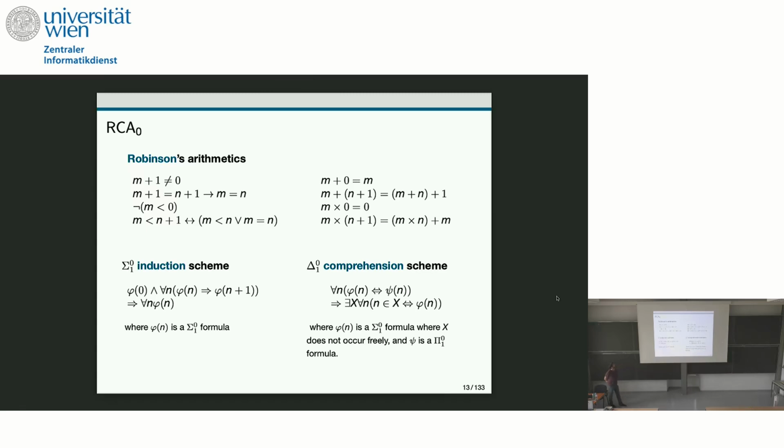So RCA0 is just Robinson arithmetic, saying that the integers behave well, plus Sigma^0_1 induction and Delta^0_1 comprehension. Still, it can be a bit unsatisfactory to have Sigma^0_1 induction, because somehow it says that the CE finite sets belong to the model and not just the computable ones, but that's something to be discussed later maybe.